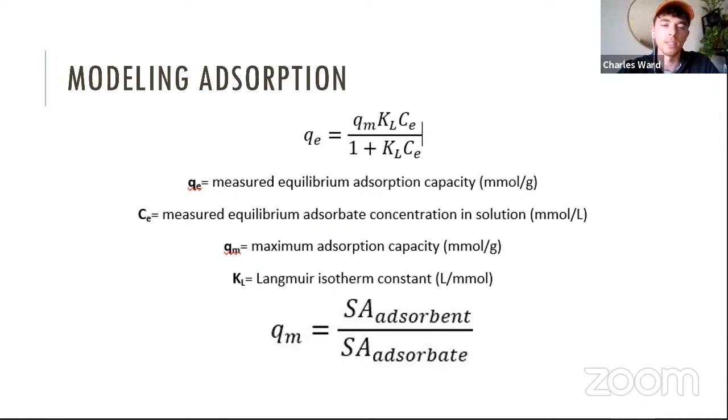And then QM is the max adsorption capacity. So if it was 100% full, what would that capacity be? And then that KL is the equilibrium constant I was talking about. So to approximate a value for QM, I took the surface area of my support divided by the surface area of the precursor to find out what the maximum possible loading would be with 1 molecule per 1 site.